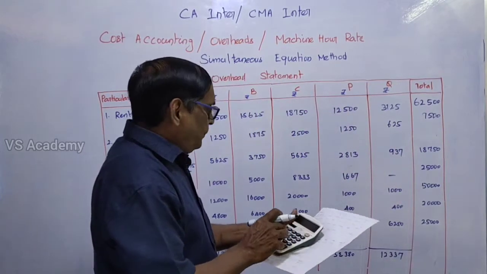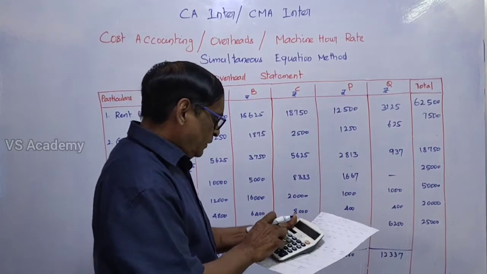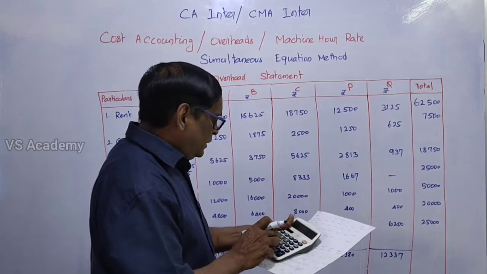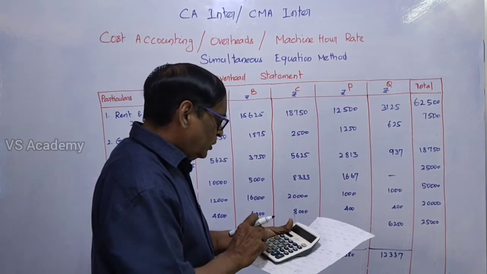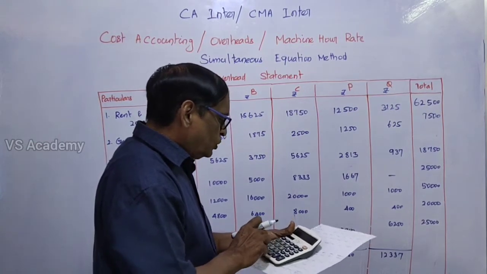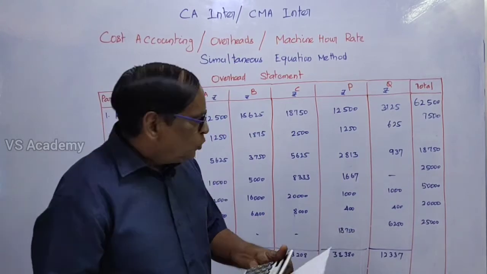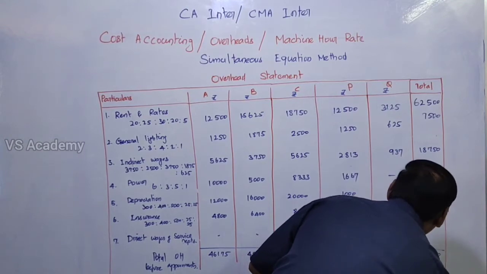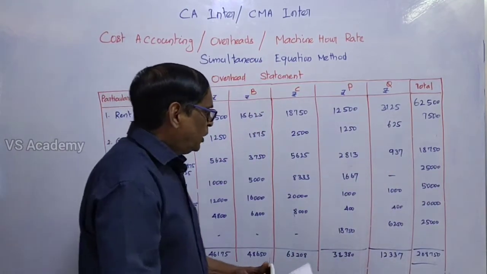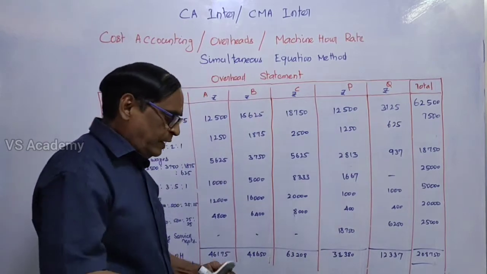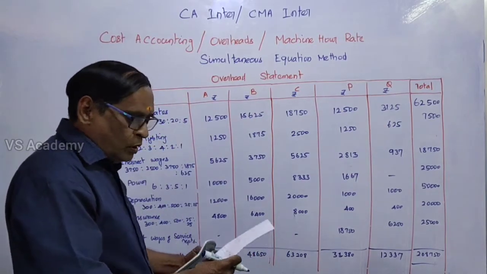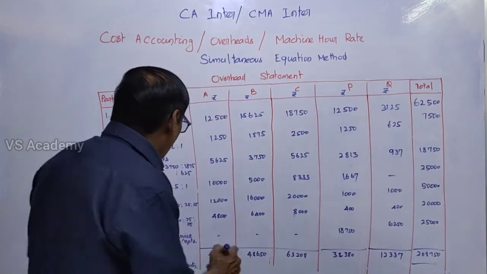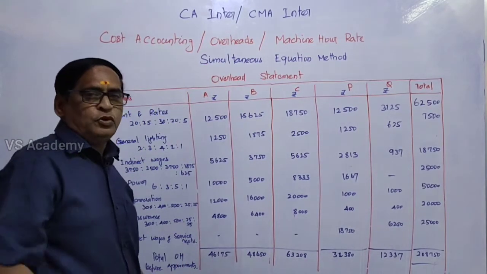And then 62,500 plus 7,500 plus 18,750 plus 25,000 plus 50,000 plus 20,000 plus 25,000, the total amount 2,08,750. If we add these five totals, it will be 2,08,750. This amount refers to the total overhead before reapportionment.